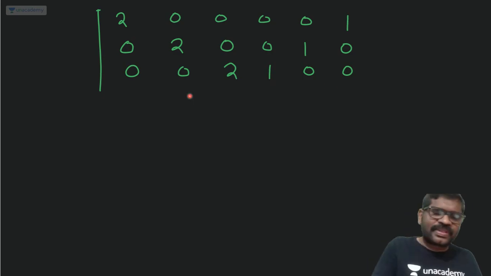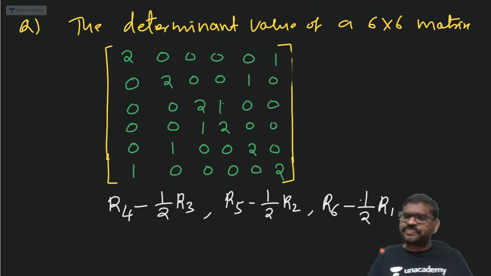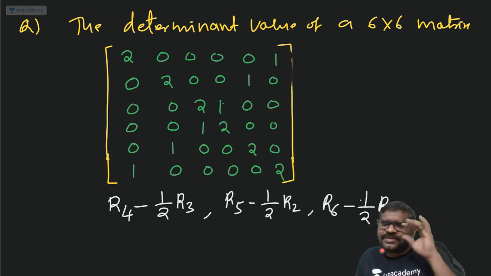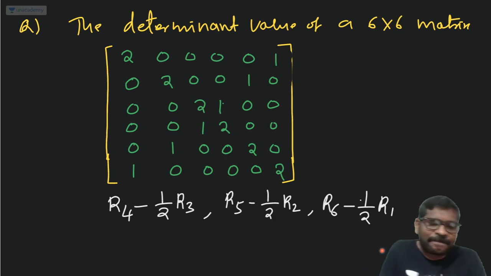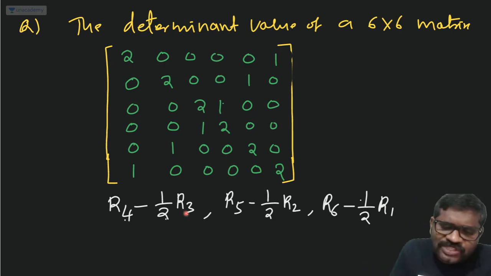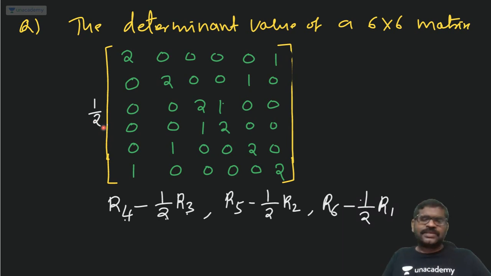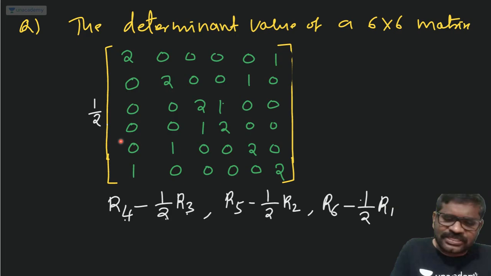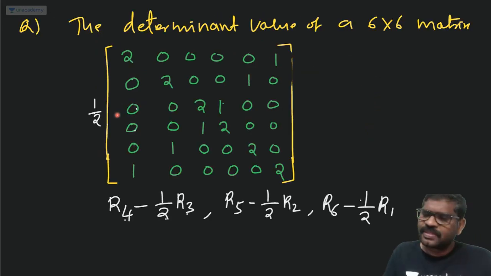Now, R4, the 4th row minus 1 by 2 of R3. Observe, 0 minus 1 by 2 into 0 is 0.